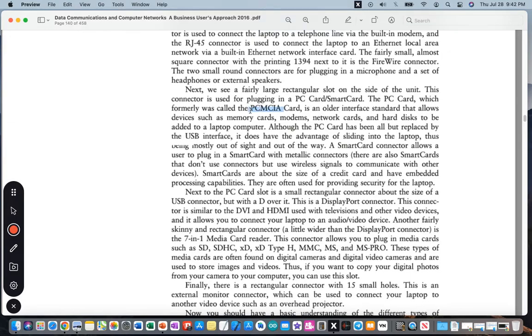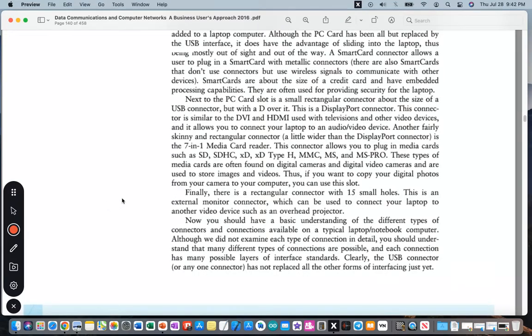A PCMCIA card is used to transfer data. SD card, SDHC, XD, Type H, CMS, MS Pro, all these types of cards. These are the video connectors: DisplayPort, DVI, HDMI, or VGA.